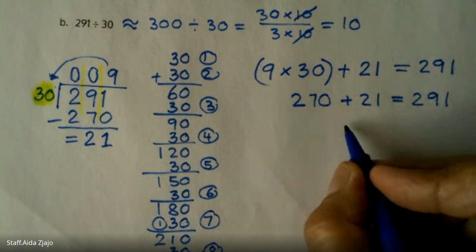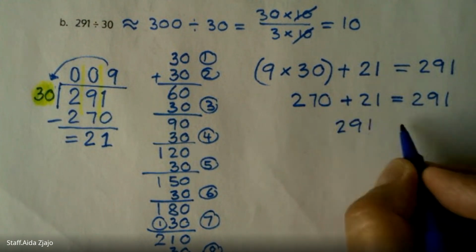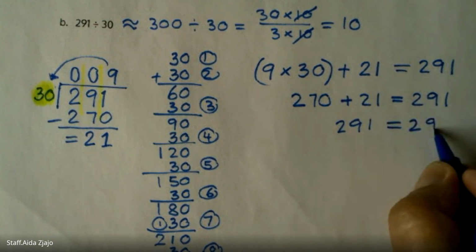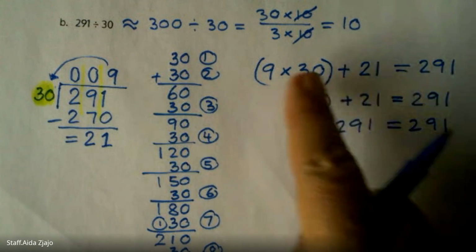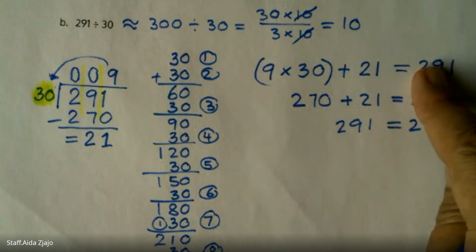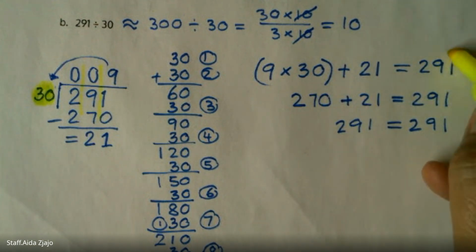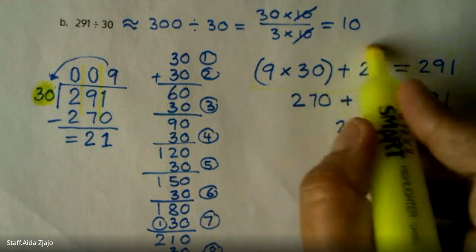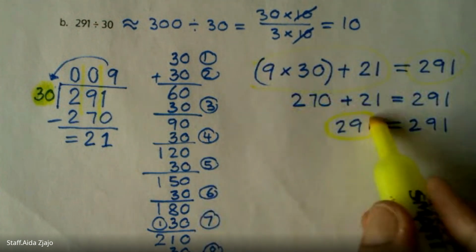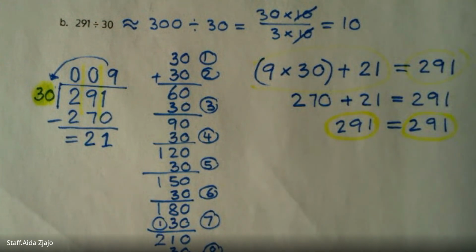So this is equal to 291, which is the same as 291. Now we know that this side is the same as this side. This is an equation, so it's good to know one side has to equal the other side, and here is the proof when you do the calculation.